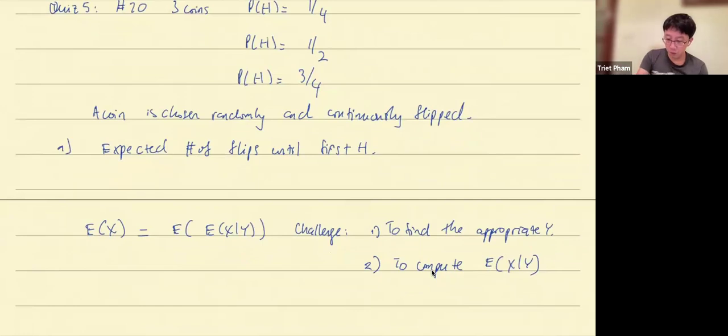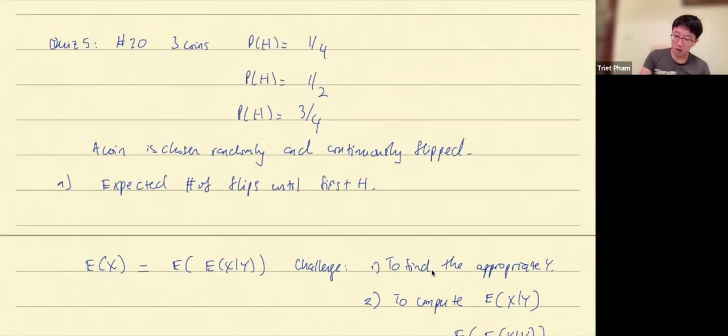The first is to compute conditional expectation, which may have to resort to finding the conditional distribution before you can find the conditional expectation. And then you can compute the outer layer expectation. They're all, let me say, non-trivial steps.